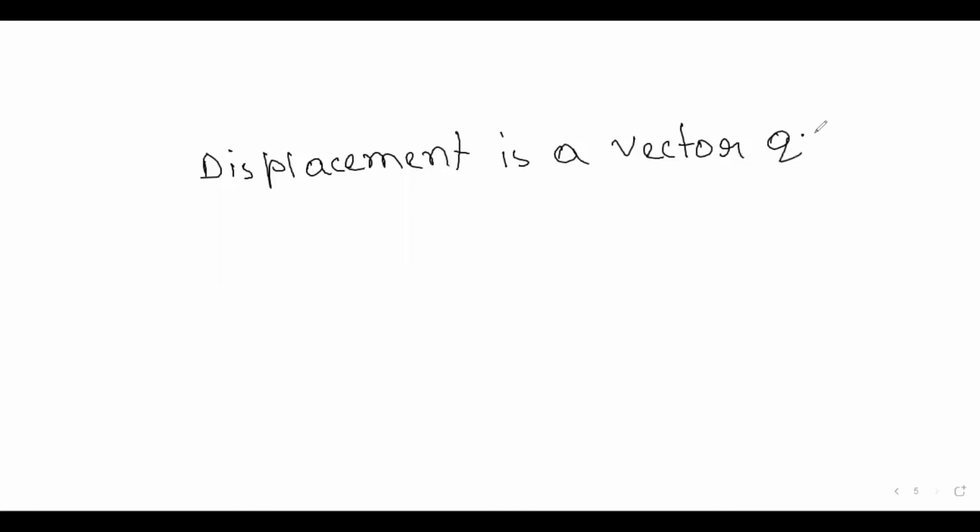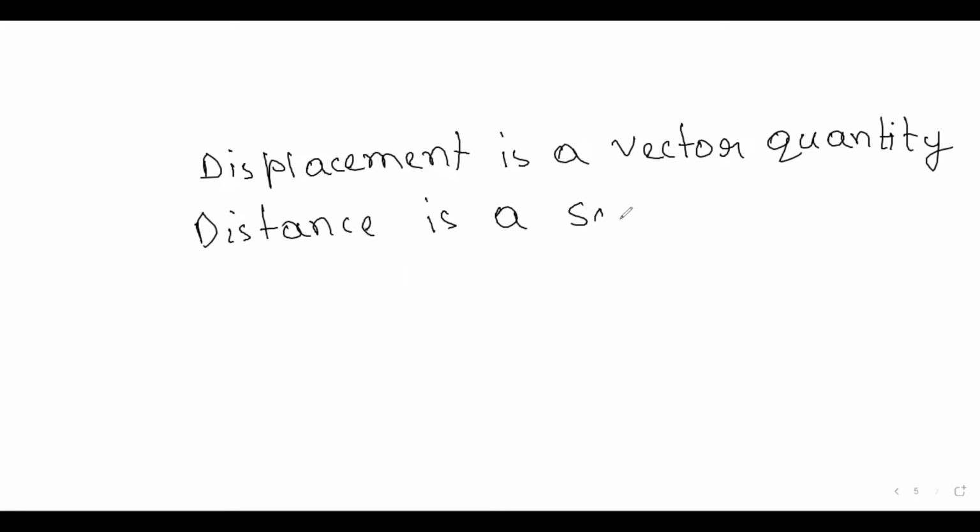So I'm going to talk about vectors now. But before that, I'm going to write something about distance. Distance is actually a scalar quantity. Okay, so what is vector and what is scalar?